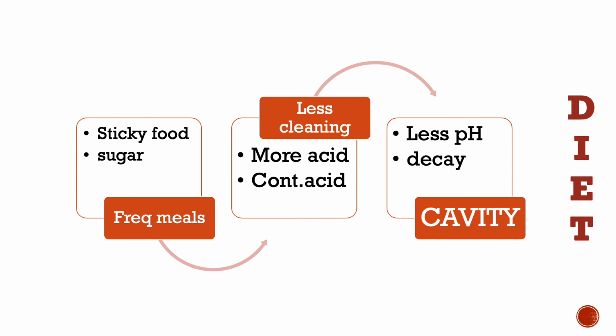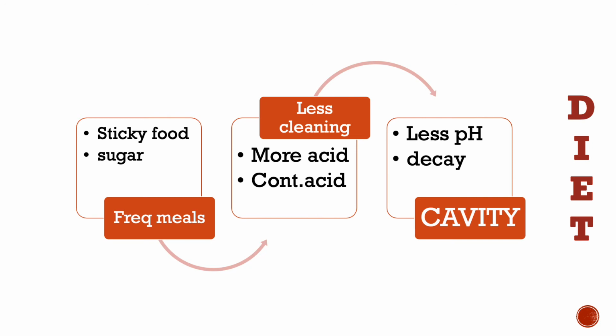Then another factor is diet. Now, what your child is taking is a very important factor in causing tooth decay. If your food is sticky in nature, if it has got a lot of sugar in it, and if your child is frequently munching upon food, it can be anything, as healthy as an apple or as unhealthy as a candy, but if he or she is taking it in a gap of less than 2 hours frequently, and that's his or her habit, that causes less cleaning, more acid, and continuous acid release.